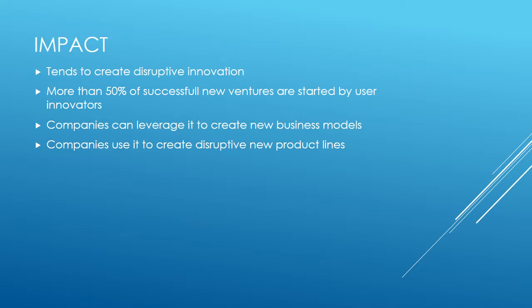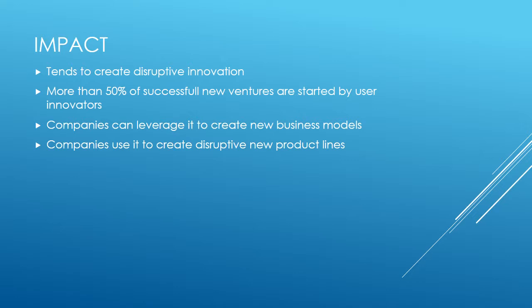And these reasons lead to the fact that more than 50% of successful new ventures are started by user innovators. This is highly related to the big monopoly advantage that you can enjoy as a company if you bring a completely new product line or a completely new business model to the market.